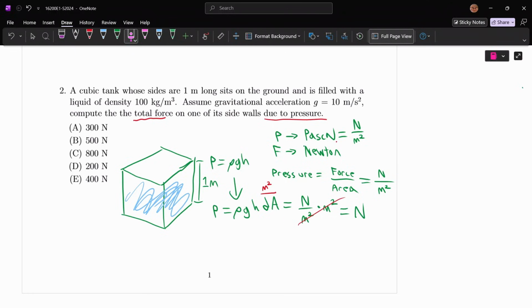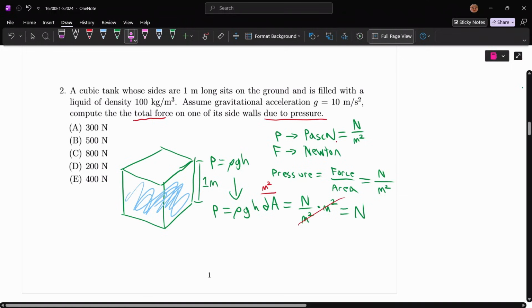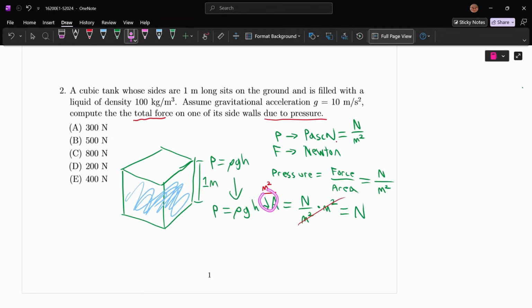Since we attached a differential here, we need to figure out a variable. I mentioned earlier that h is going to be a variable because we're going to be focusing on different heights throughout this 1 meter thing, so we can replace h with a variable, and we can replace this differential with a differential with respect to that variable.